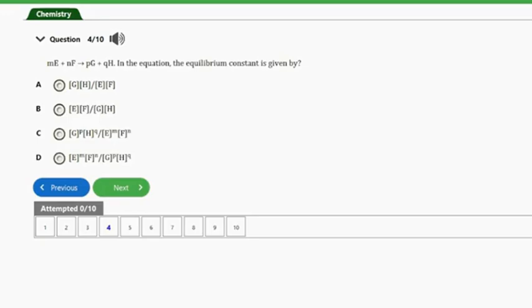And then D, concentration of E to the power of m times concentration of F to the power of n over concentration of G to the power of p times concentration of H to the power of q.